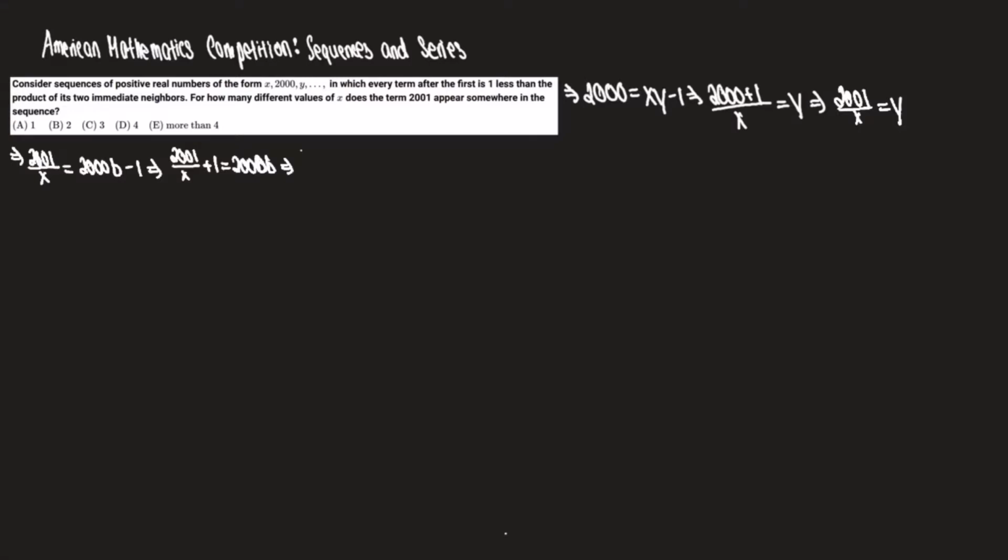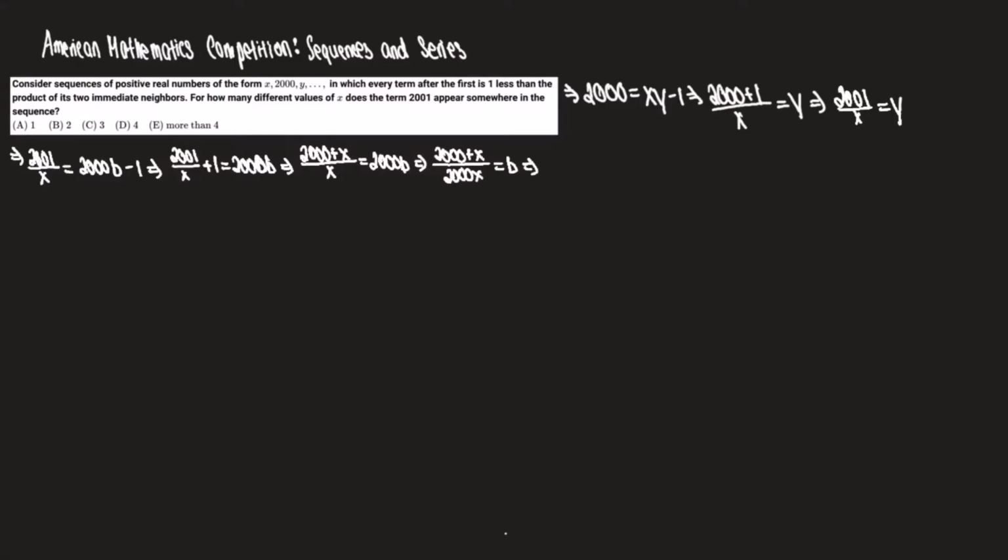You get 2000 plus x divided by x equals 2000b. And solving for b, you get 2000 plus x divided by 2000x equals b.